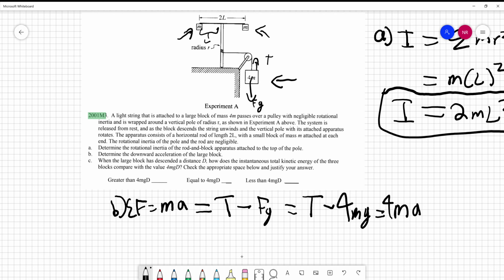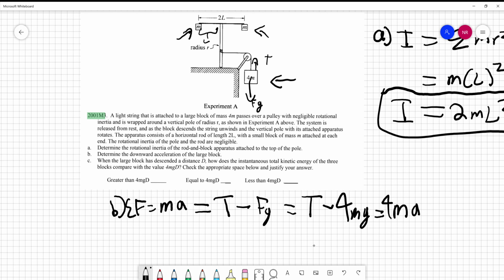We should look at the rotating apparatus as well. If we look at the rotating apparatus, we can tell that it has a torque because it's spinning. Since this rope on the outside is pulling at a radius r from the center, the torque on this object will equal the force applied multiplied by the radius out.